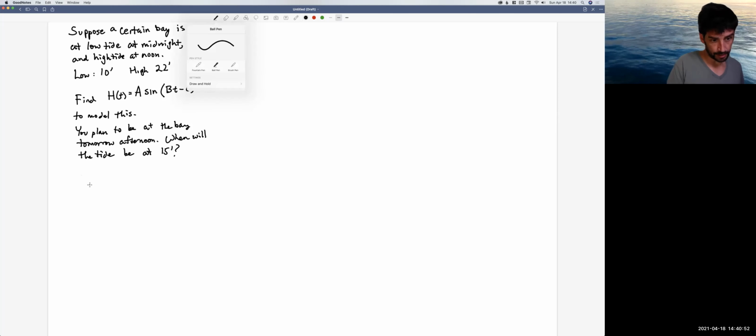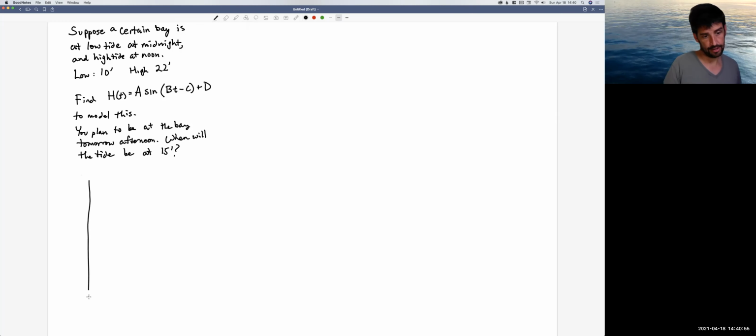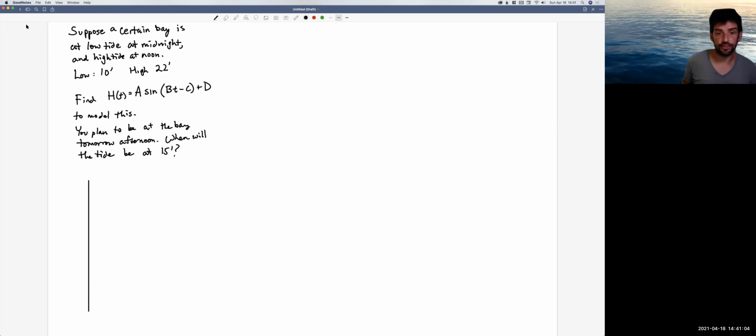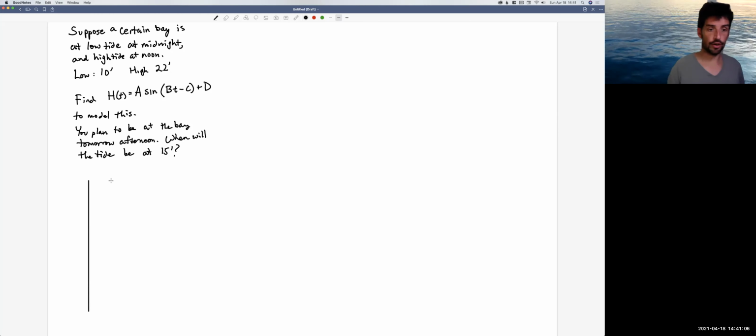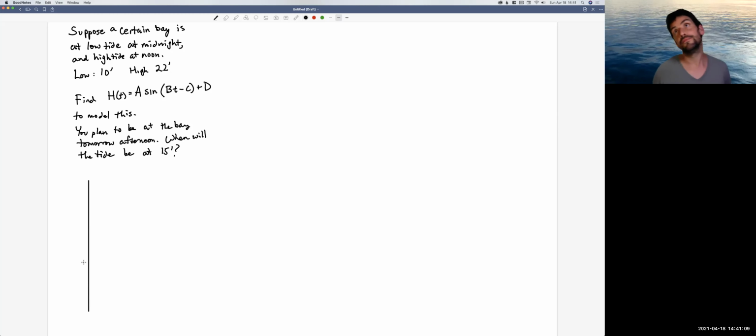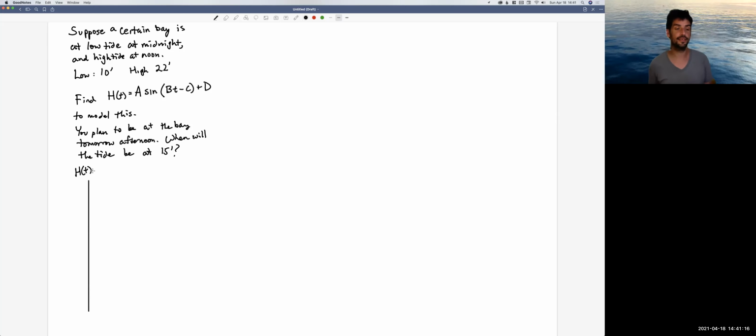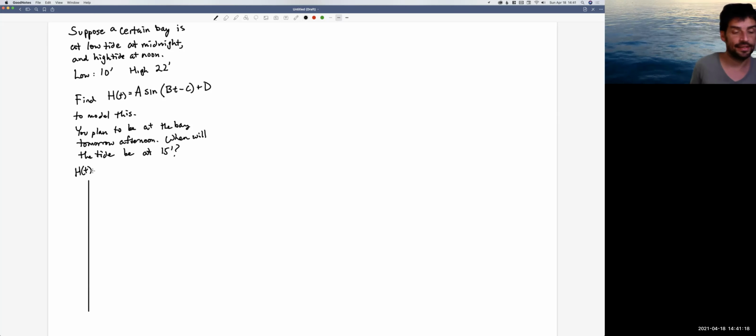So let me draw a y-axis. I don't think I'm going to draw an x-axis in this case, because, well, we'll see why in just a second. We're going to assume that this axis is our h of t axis, and that this axis is at 0 hours, which I'm going to call midnight.